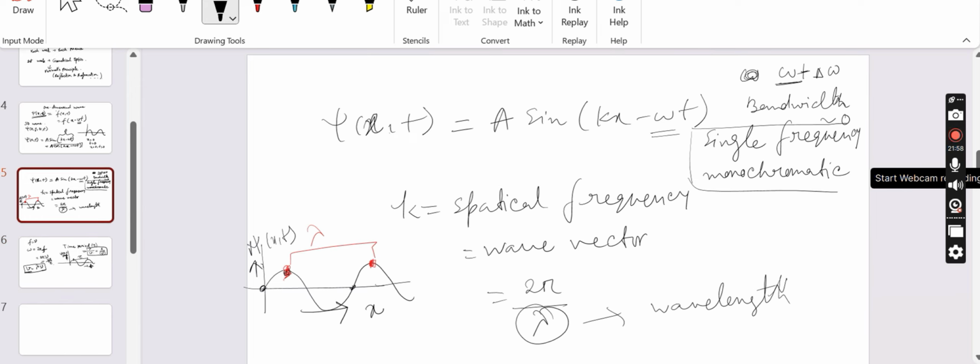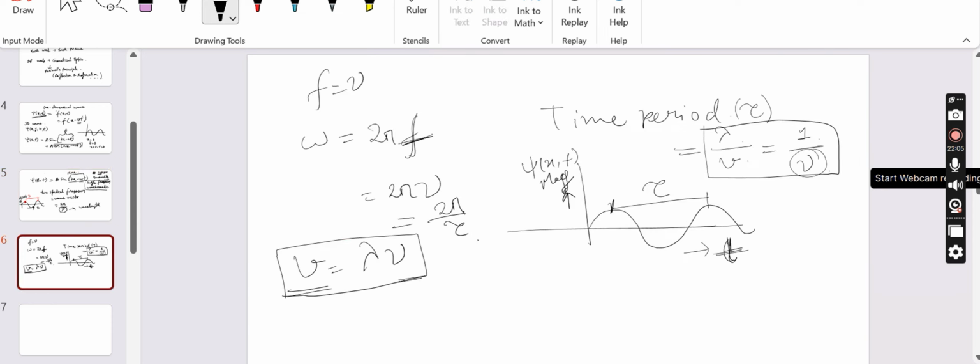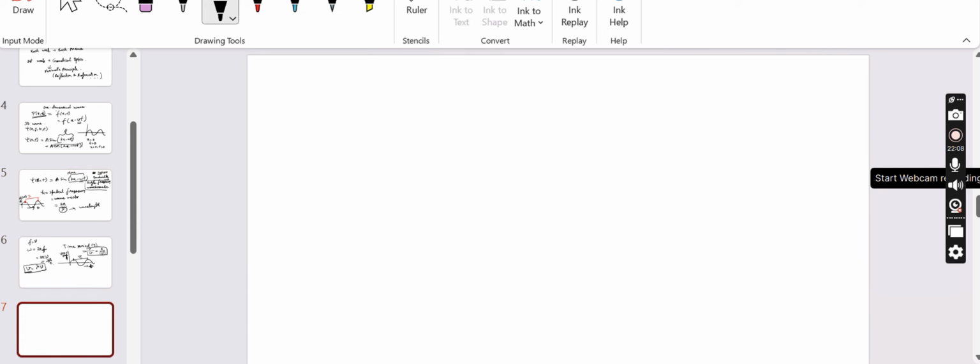And this thing is called phase. Let's say this is a wave. To describe a wave we always follow a sinusoidal equation.